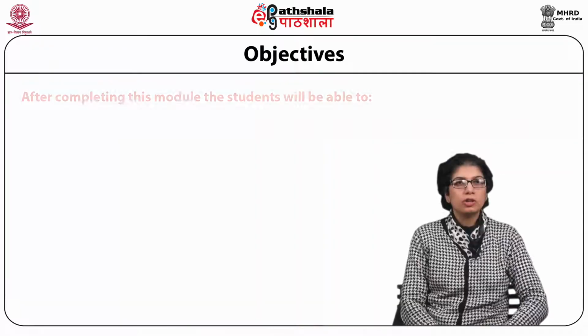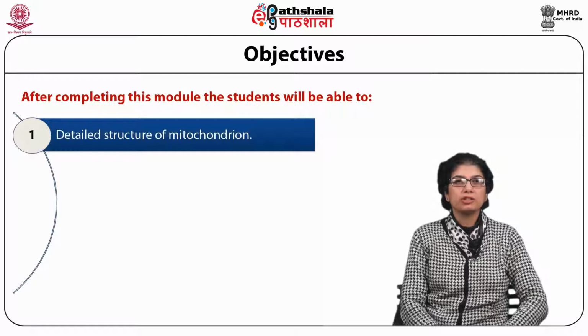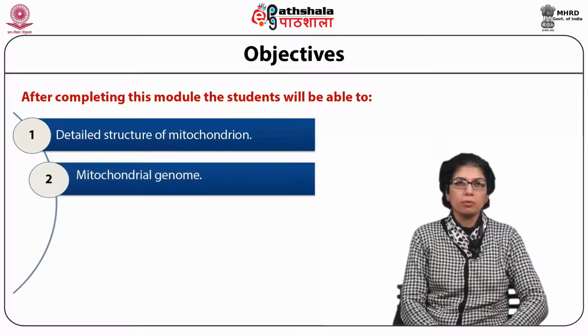Today we are going to discuss the structure and role of the mitochondrion from the paper Thermodynamics of Living Systems and Bioenergetics. So students, let us see what we are going to learn in this module. First, the detailed structure of the mitochondrion. Then, the mitochondrial genome.